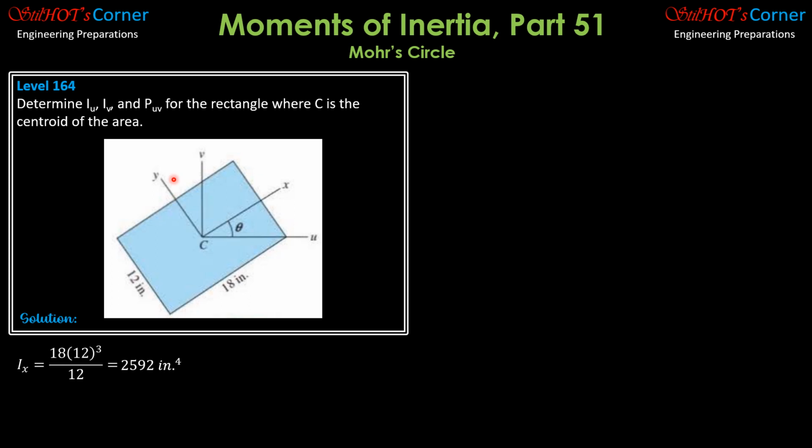I sub y, on the other hand, or I bar y, is equal to 18 cubed times 12 over 12, and that is 18 cubed, which is equal to 5,832 inches to the fourth. Because the area is rectangular and both axes are axes of symmetry, the product of inertia with respect to the centroid C, Pxy or P bar xy, is 0.